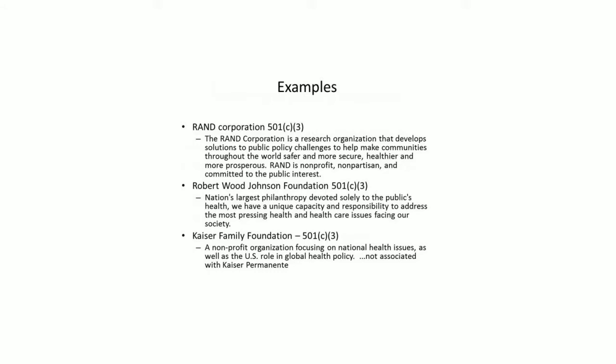That's the number that you see next to each name, 501c3, that identifies the kind of nonprofit they are. A 501c3 organization, by definition, is not allowed to directly lobby for or against specific legislation. They can help educate and perhaps advise politicians and community members, but they cannot take an active role in that activity.